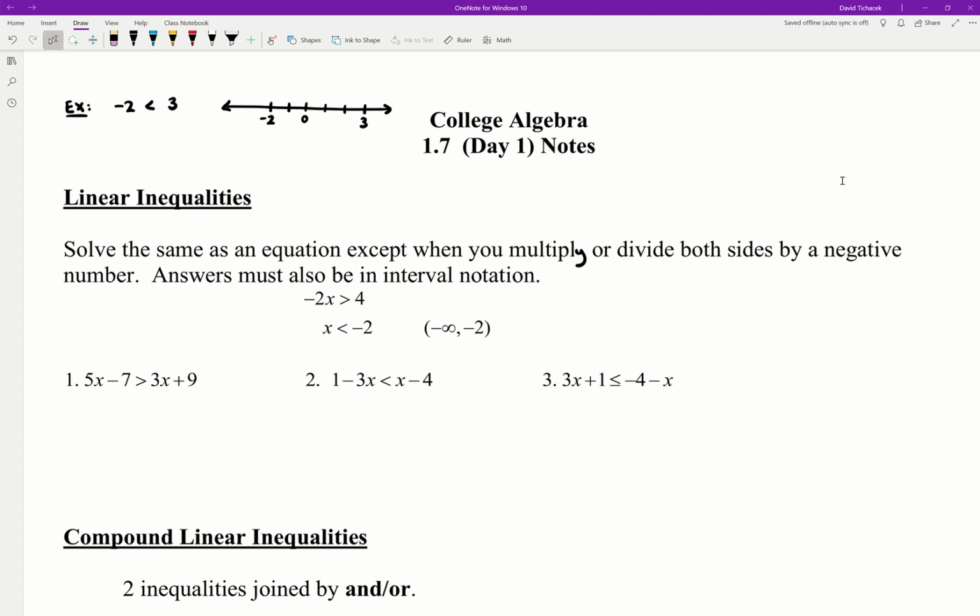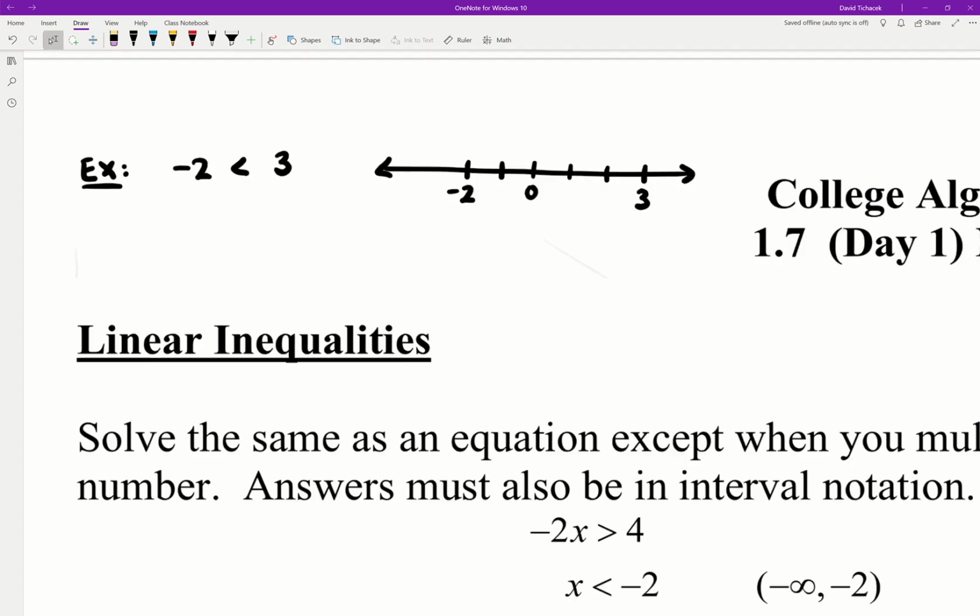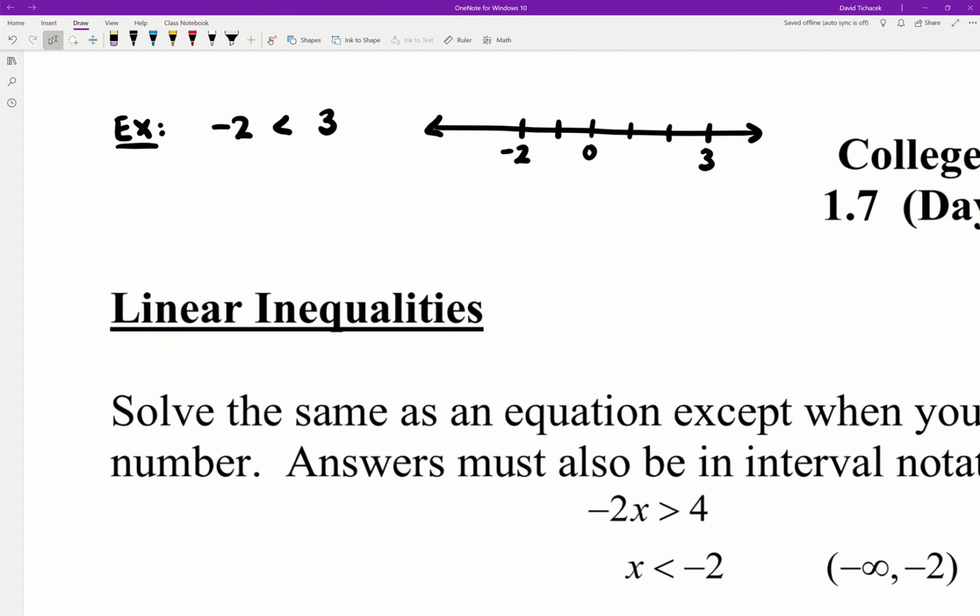One of the special things about solving inequalities, though, is that we are going to have to remember a special rule, and to demonstrate why that rule needs to be considered, I'd like to take a look at this example that I've drawn up here at the top. So this is just a simple statement. There's really nothing to solve here. This is just a statement that the number -2 is less than the number +3, okay? And so we can intuit that by looking at the number line, right?